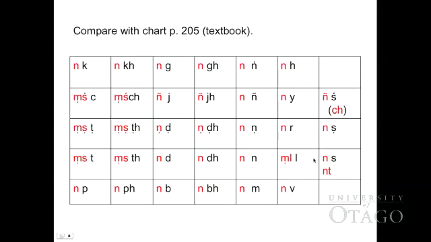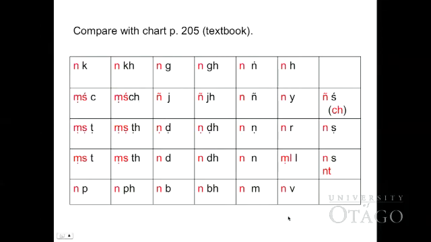You can see from this one. Compare with the chart on page 205 in the book of Humanities. You can find the chart and the sandhi rules that will be changed.